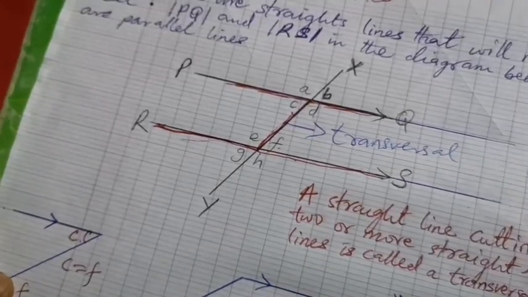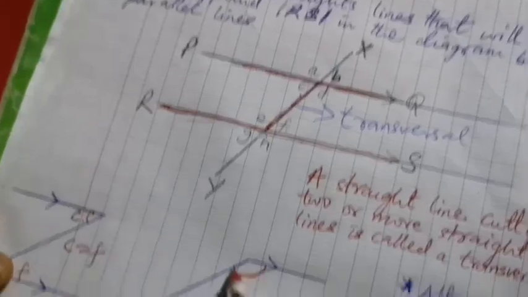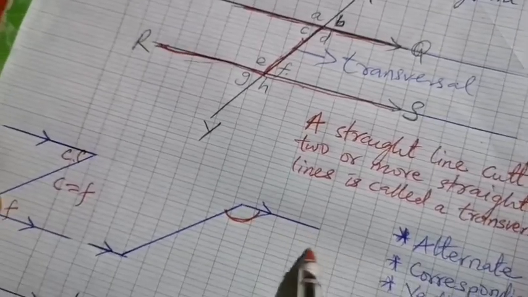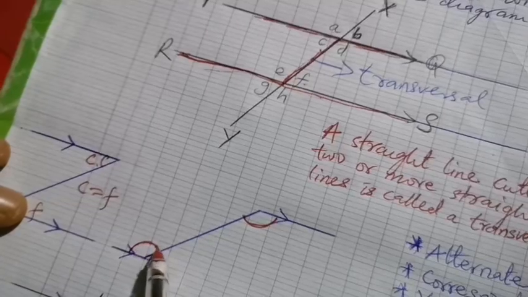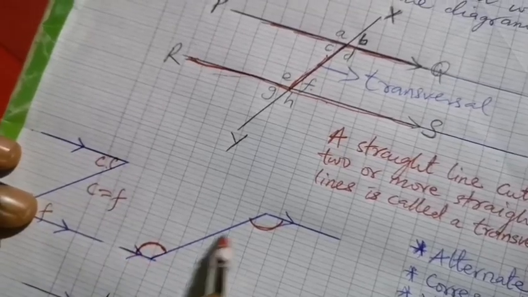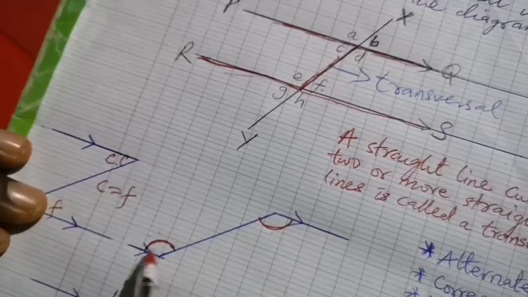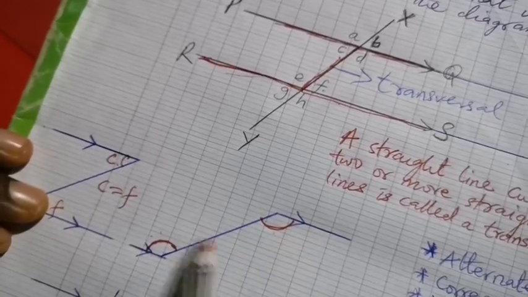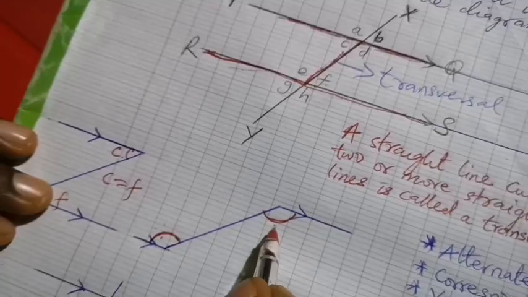Now look at where I have angles here. Angle is not formed here, but an angle is formed here. Because this shape is a Z shape, these two angles are alternate to each other. So we say that they are equal. So this angle and this angle, they are equal.